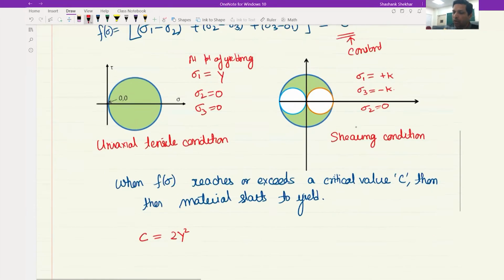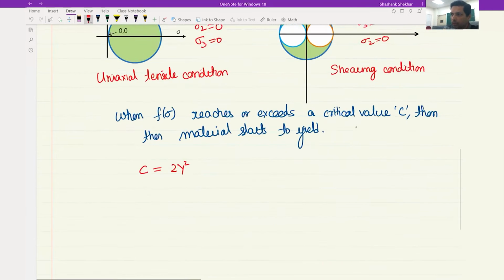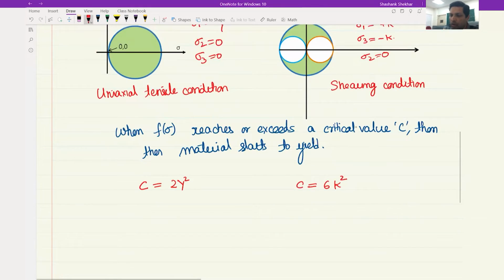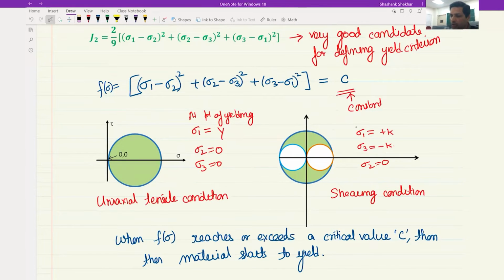So when we put sigma 1 equal to plus k, sigma 3 equal to minus k, and sigma 2 equal to 0, what we get is C is equal to 6k square. You can check that out. It will be a good exercise and good hands-on experience if you do this on your own.